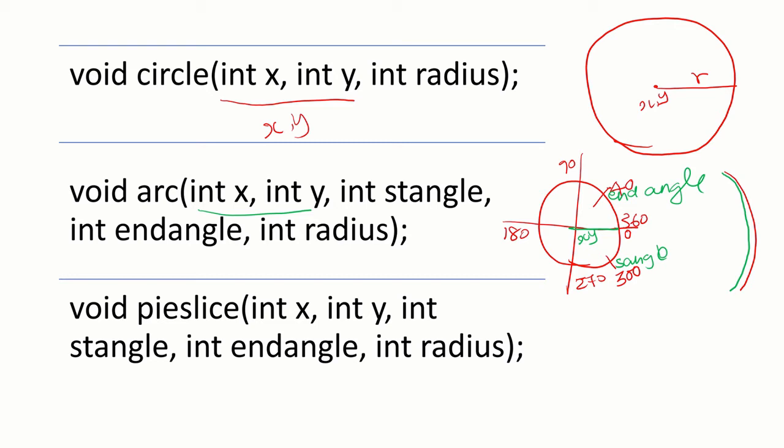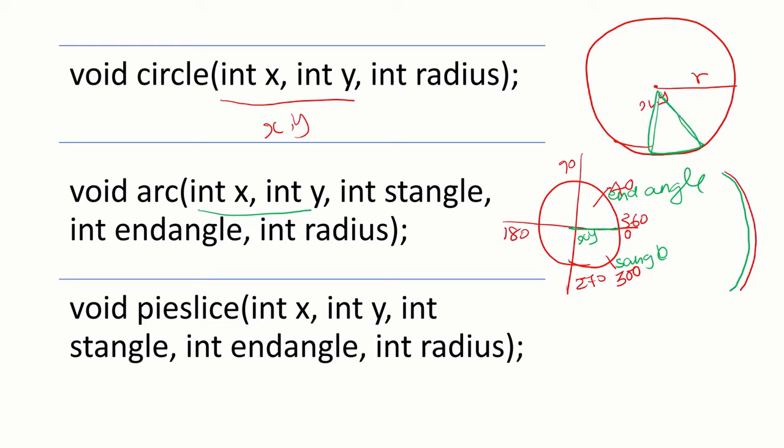The next one is a pie slice. Pie slice has the same parameters as an arc, but it is not going to draw an open arc. It is going to give me a slice. You can imagine a slice of a cake: you have a cake, you cut and take a piece like this. I can call this a slice.